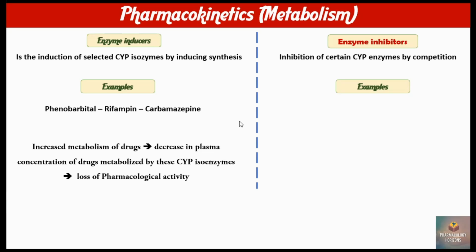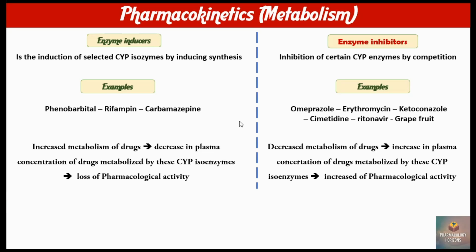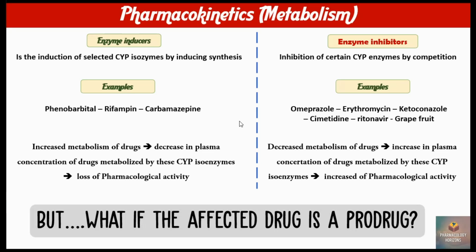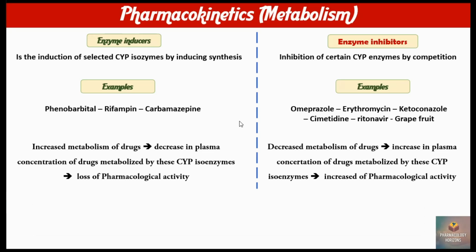Enzyme inhibitors like omeprazole, erythromycin, ketoconazole, cimetidine, ritonavir, and grapefruit, and so on, act through competition on the active sites of the enzyme. Metabolism of any drug taken with these drugs will be slower than normal, and this leads to accumulation of the drug in the blood and increased activity of the drug, and it may reach toxicity.